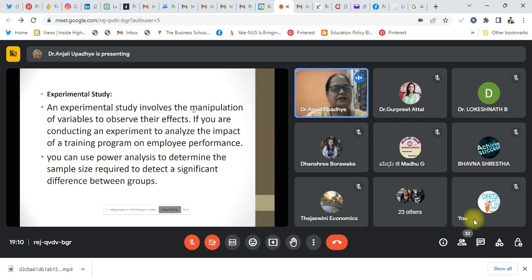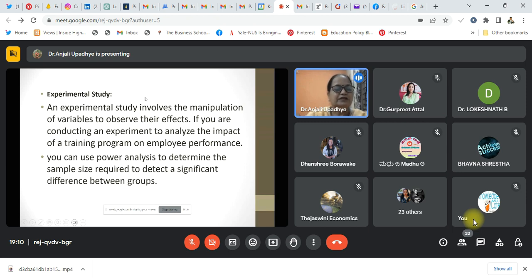Every experimental study goes on in this way. There is a stimulus; with the stimulus, there is a response; and with the response, there is an outcome. Wherever the stimulus is there, there is a response, and with the response, we observe the particular outcome. Therefore, this stimulus-response theory shows us what exactly an experimental study is.